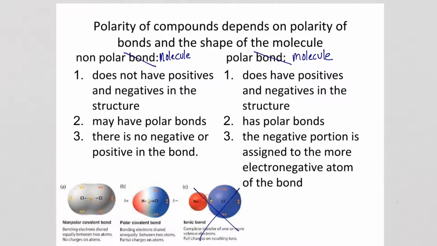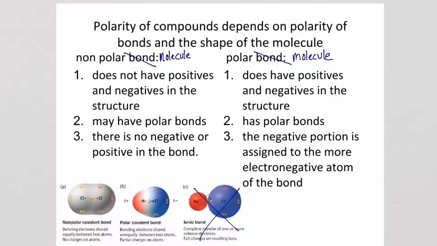So in a nonpolar molecule, like I said on the decision tree, there are no positives and negatives in the structure. It may have polar bonds though, so they can cancel out, much like in the idea of carbon dioxide. And there is no negative or positive in the bond.